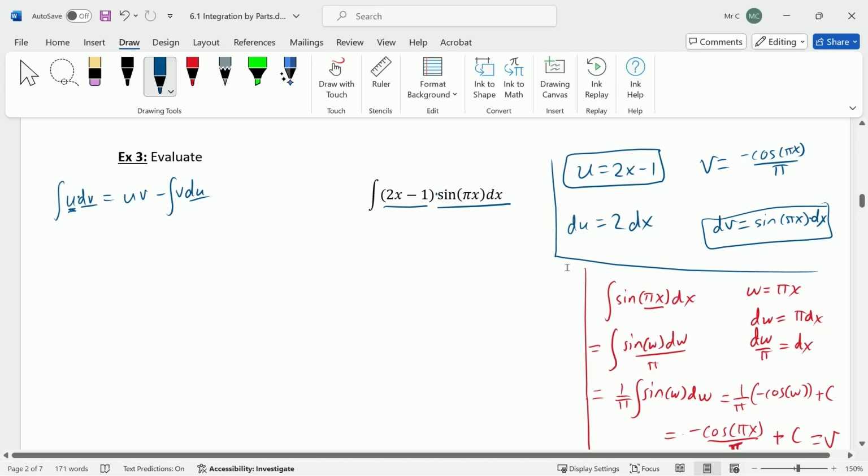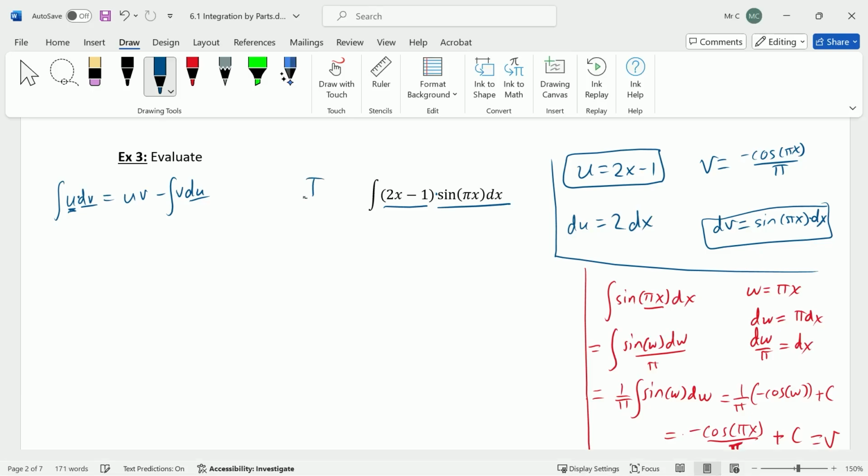Okay, back to the integration by parts. I picked u as 2x minus 1 and dv as sine of pi x dx. And I computed that du therefore is 2 dx and v is negative cosine of pi x over pi. Now I can apply my integration by parts. Again, my integral is I, so we write I equals uv.